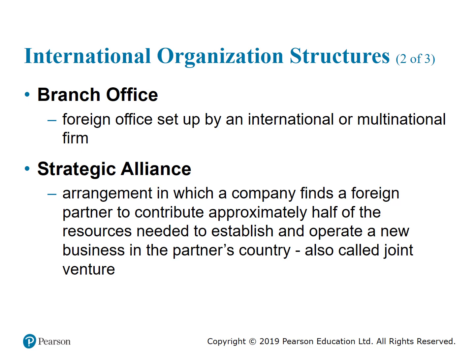Next, I will talk about branch offices. It is defined as the foreign office set up by an international or multinational firm. A branch is simply another location in another country and is still involved in the business activities of the firm.